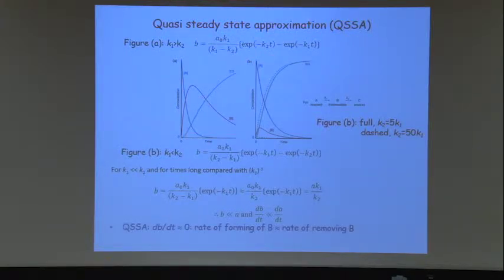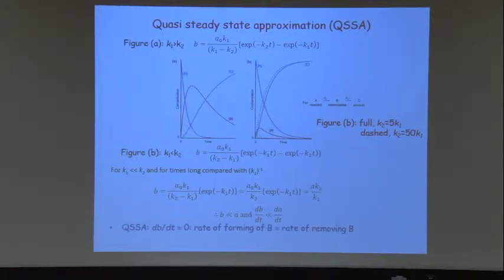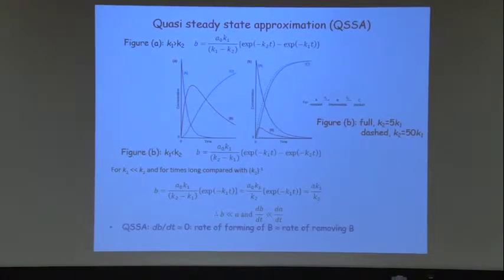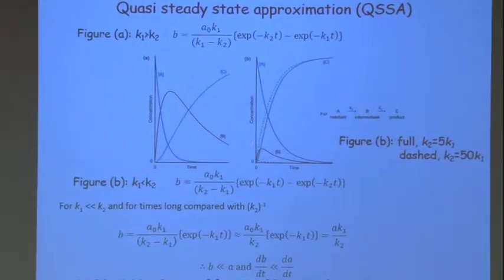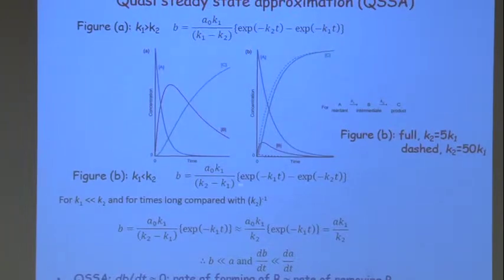And what's going to happen is that this term here corresponds to the buildup of b, and it occurs on a short time scale. And then b decays away quite slowly with an exponential given by k2. Okay? So that's the situation where A reacts quickly to form B, and then that reacts slowly to form C.